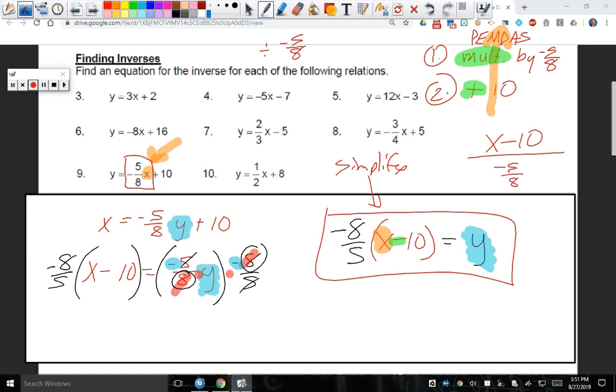And people are like, whoa, what's just happening right now? But 5th grade helped us out because dividing by negative 5/8 is the same as keep, change, flip. Dividing by a fraction is the same as multiplying by the reciprocal of that fraction. We've learned that. So now I'm multiplying by the negative 5/8 and it looks just like my answer did over here.